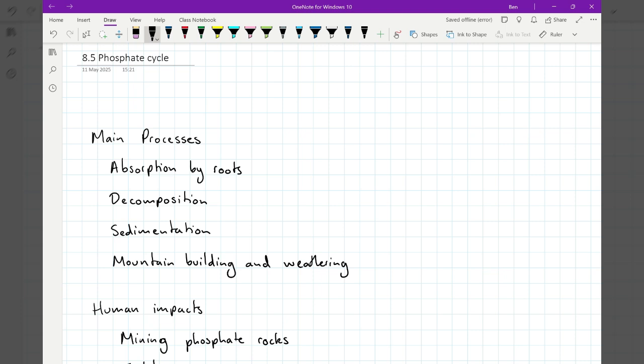To start with, some of the places where phosphates are used for biological functions include things like DNA, ATP, which is part of the respiration process, RNA, cell membranes, and proteins.